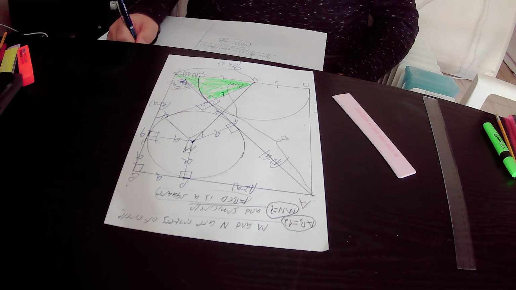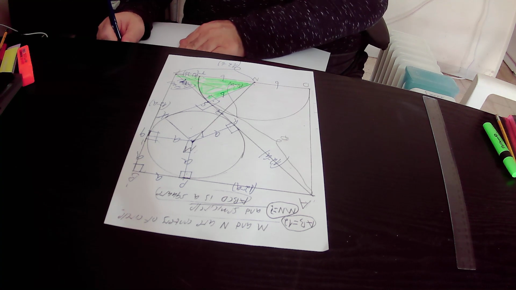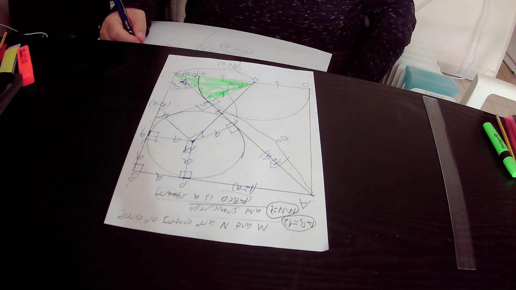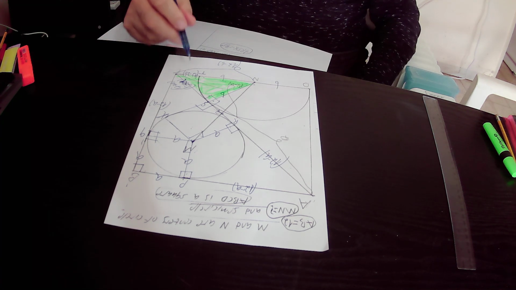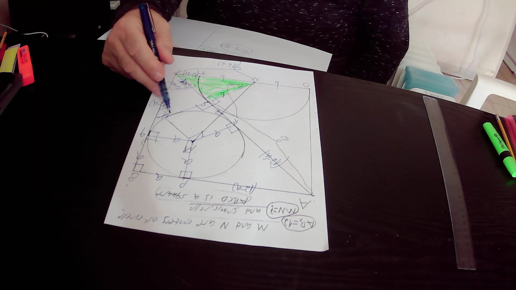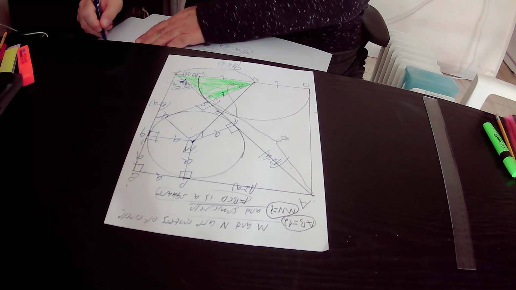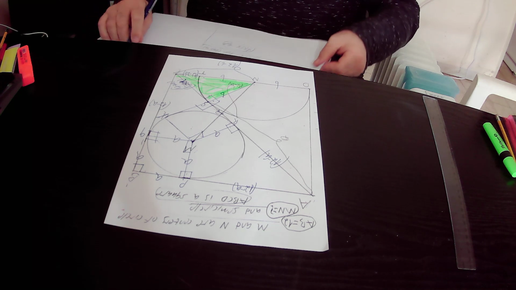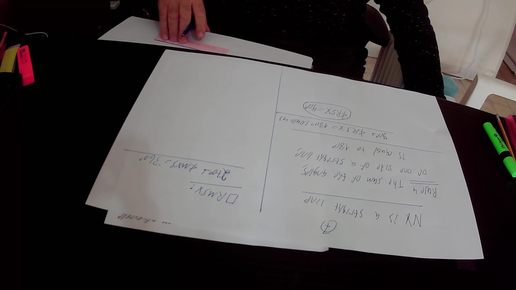In this quadrilateral we have 1, 2, 3 right angles, and the sum of 3 right angles is 90 times 3, 270 degrees, plus the size of the fourth angle, that is actually angle MXS, so in total the sum of those 4 angles must be equal to 360 degrees, according to the rule that the sum of the angles in any quadrilateral is equal to 360 degrees.